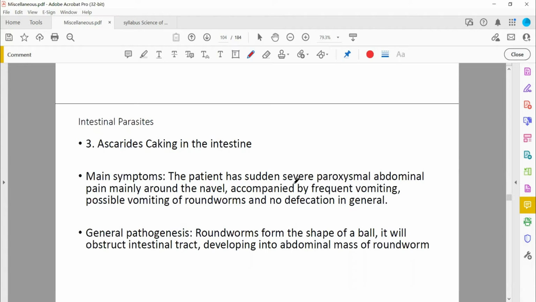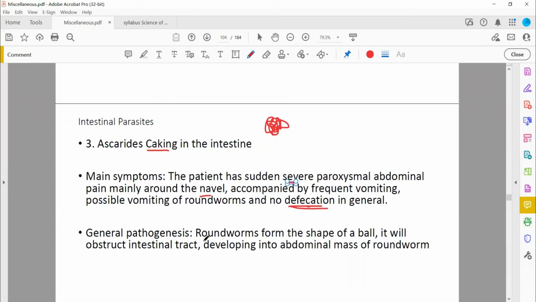The patient had a sudden, severe paroxysmal abdominal pain, mainly around the navel, accompanied by frequent vomiting, possible vomiting of roundworms, and no defecation in general. Why? Because the roundworms are tangled together, and there's blockage there. That's why there's no defecation.